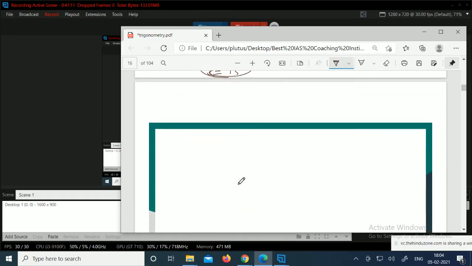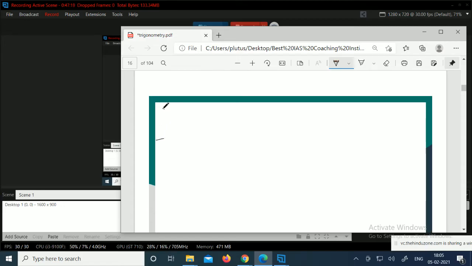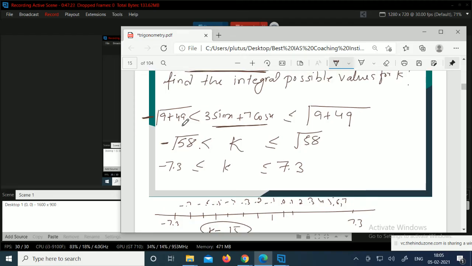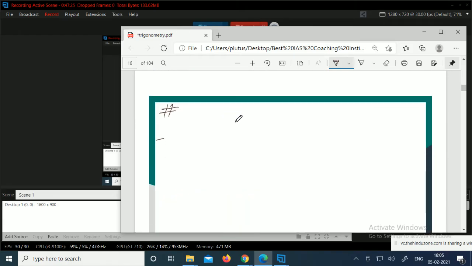So let us try to solve some simple questions based on some identities. This was about maximum and minimum value and the plot of sine and cos. Now solve this kind of question.